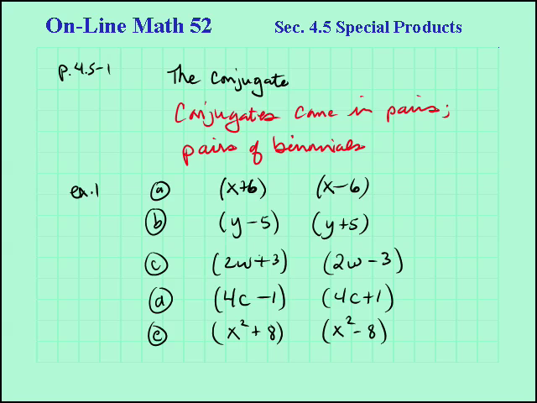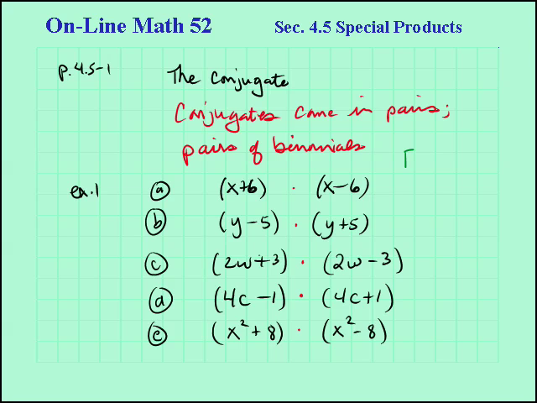Now, what is most interesting about conjugates is not what they are, but what happens when you multiply them together. If I made all of these multiplications, using either the FOIL method or that one-step method I taught you at the end of section 4.4, let me write it this way.